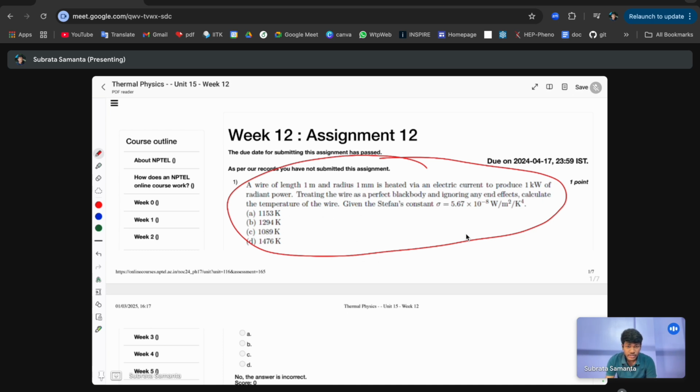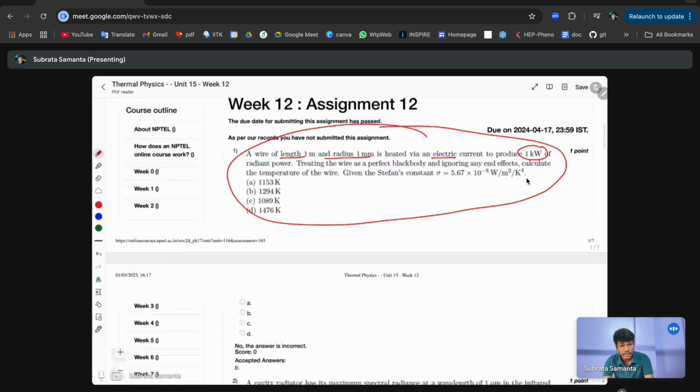Treating the wire as a perfect black body and ignoring any end effects, calculate the temperature of the wire, given the Stefan constant. The length and radius are given, so it's basically a cylindrical wire heated by electric current, and the radiant power produced is 1 kilowatt.